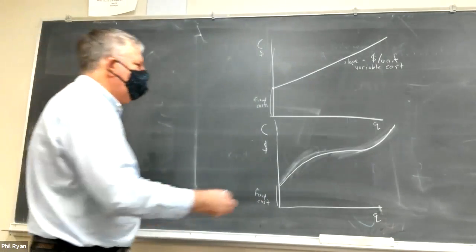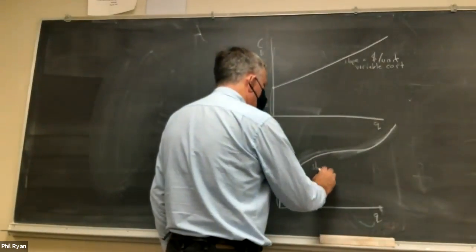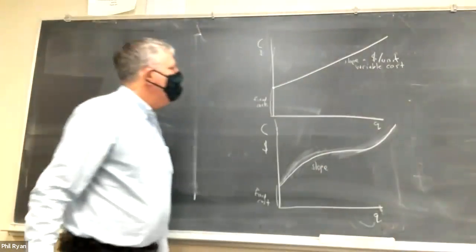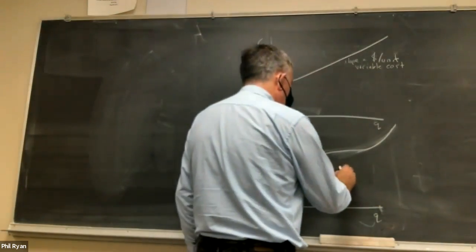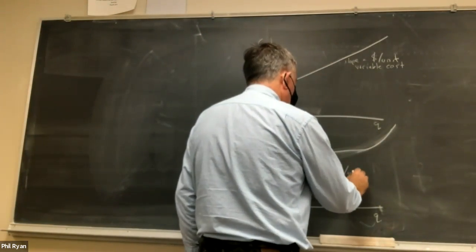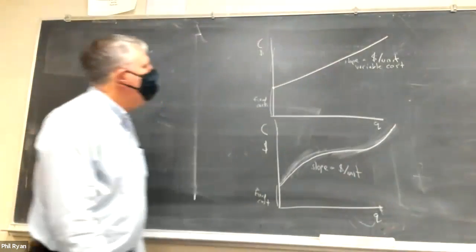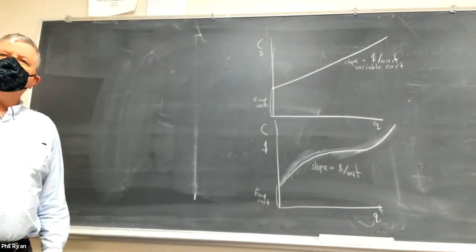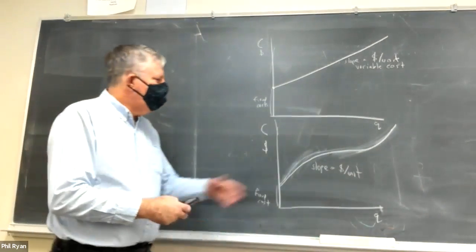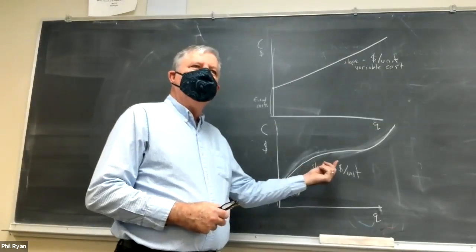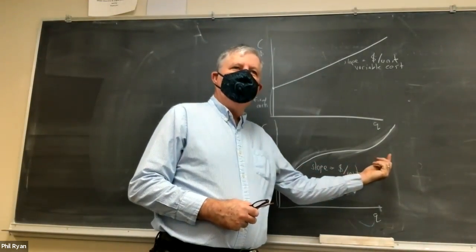We still have a slope, and it's still going to be dollars per unit. We can think of that as the variable cost, but what do we see about the variable cost? It actually varies, right?